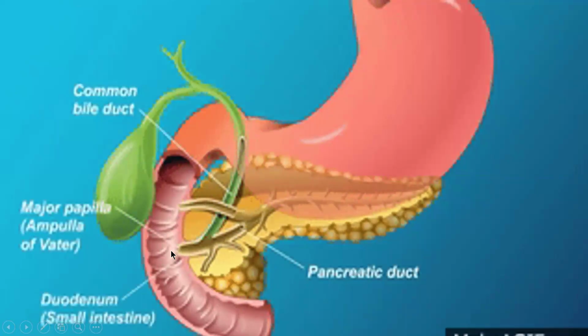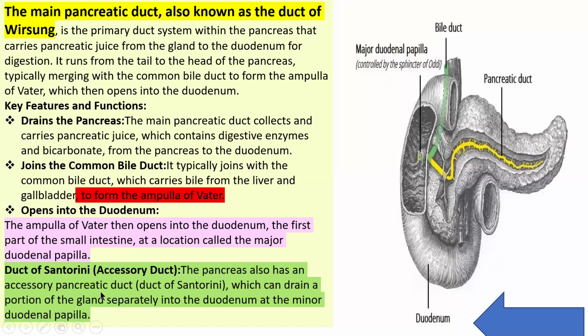From this opening, it pours digestive juices, bicarbonate and enzymes into the duodenum, the first part of the small intestine. It opens into the duodenum at a location known as the major duodenal papilla, which is controlled by the sphincter of Oddi valve.